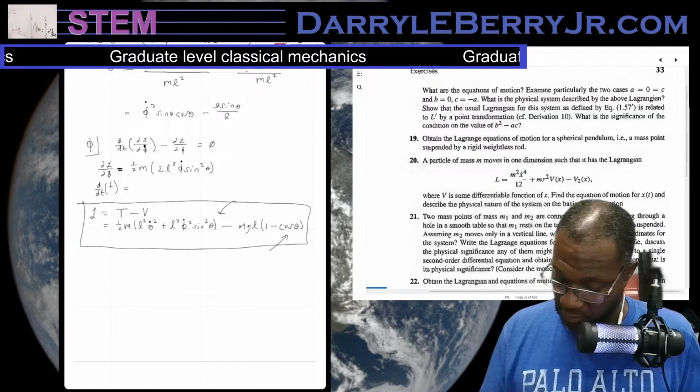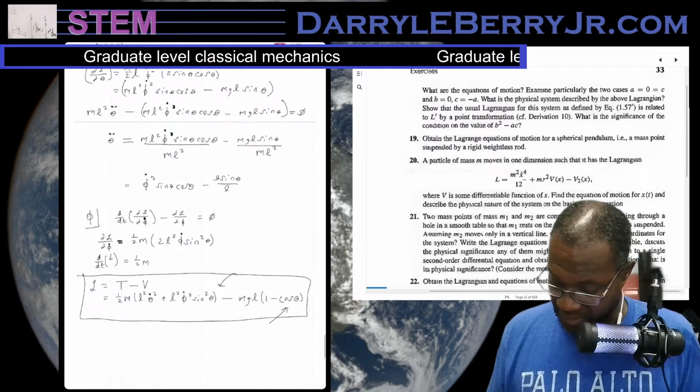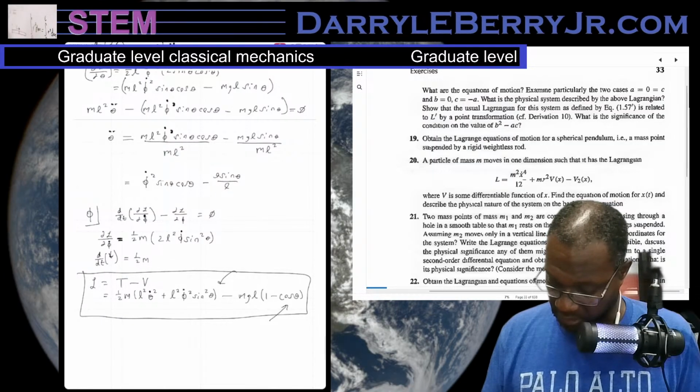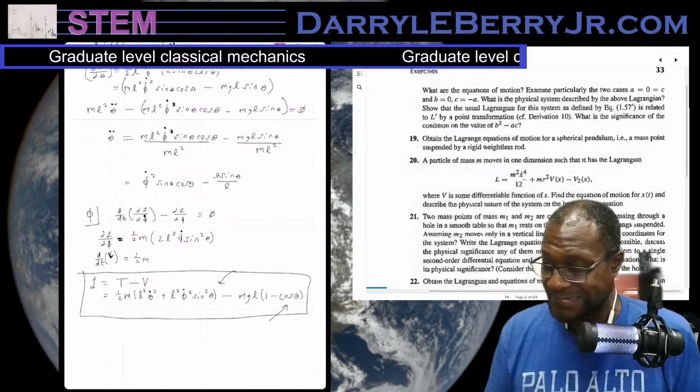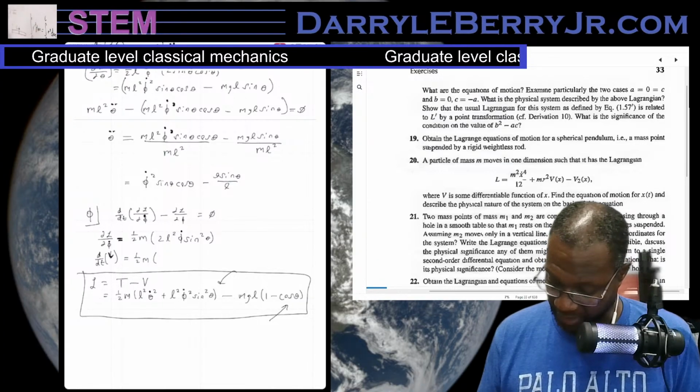Equals 1 half m. This one makes it more complicated because I have a sine squared theta, and theta is a function of t. So I have to do this.